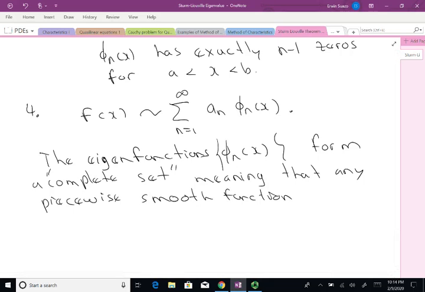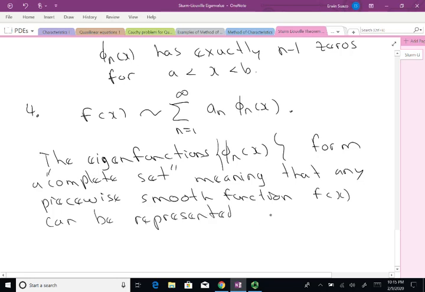And the other thing I want to say: a piecewise smooth function f of x can be represented by a generalized Fourier series.